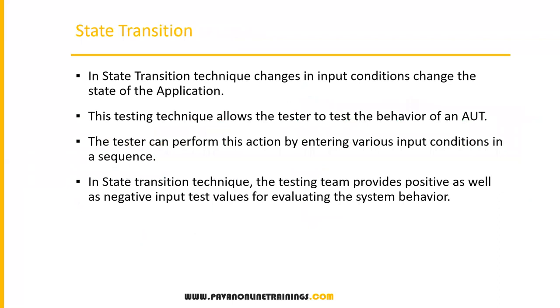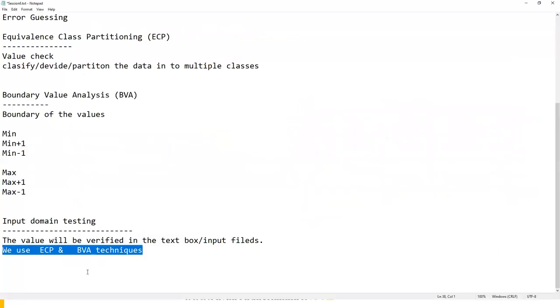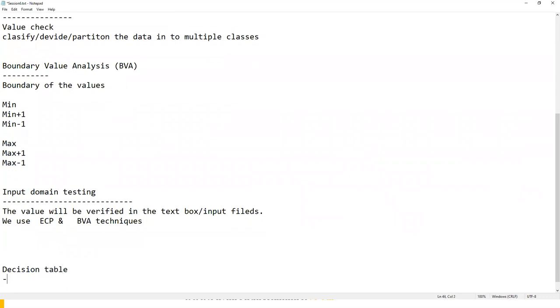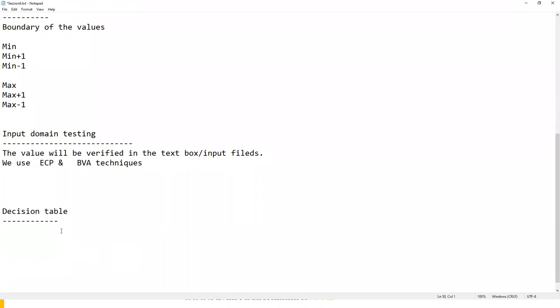Now the next technique is state transition. So let me write some notes. Decision table. If we have more number of conditions and corresponding actions, then we use decision table technique.